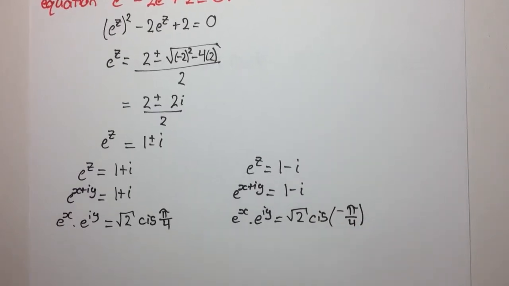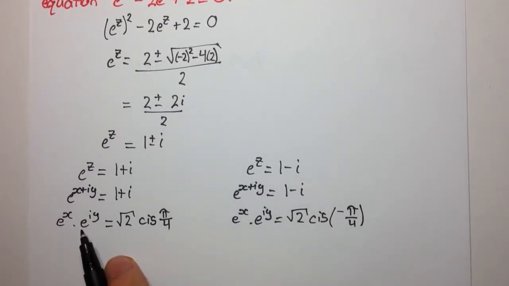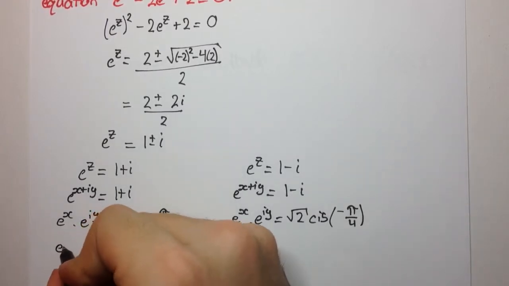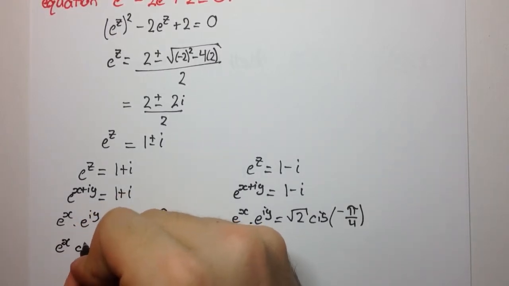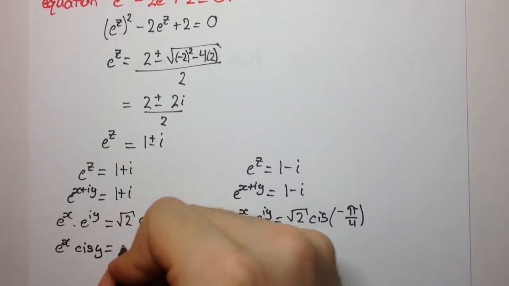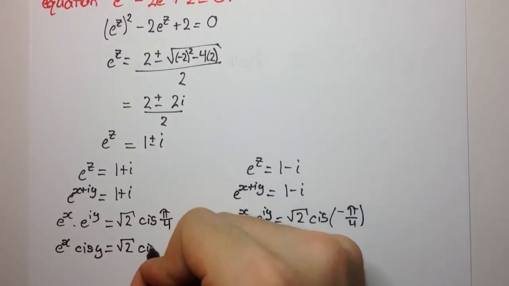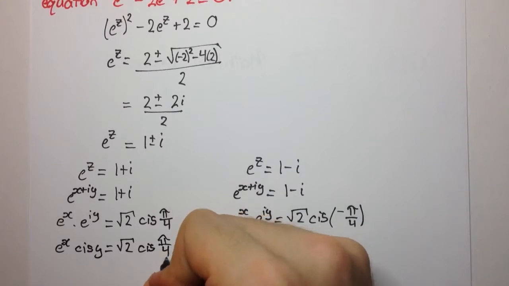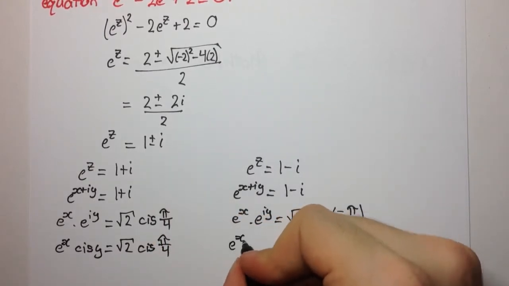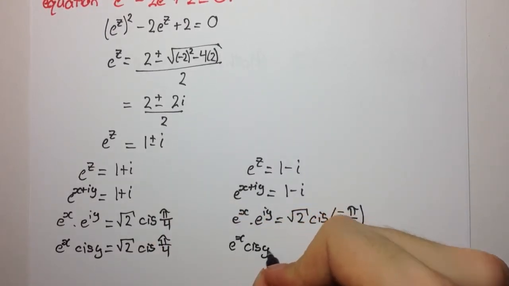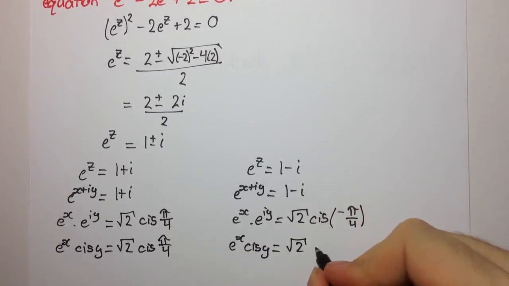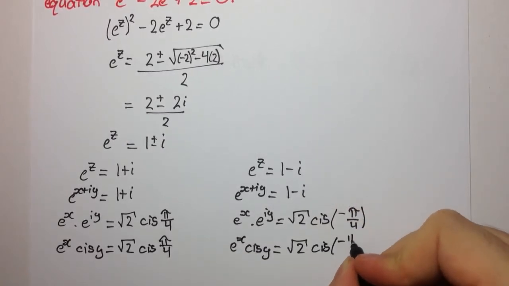Okay, now we can apply Euler's formula to e to the iy, and this becomes cis y, and the same thing here, equals root 2 cis minus pi over 4.